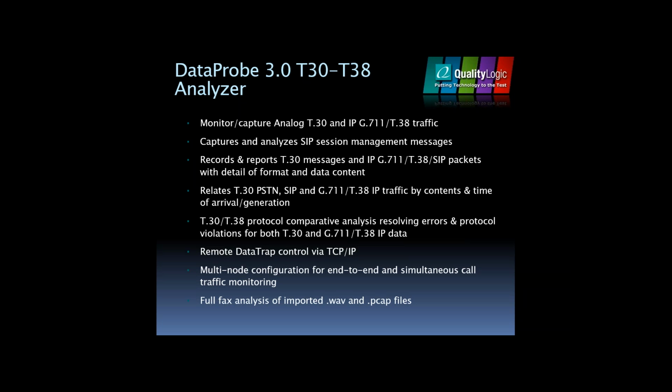To do this, we relate the IP traffic to the PSTN traffic with what I call a ladder diagram. Literally, there's a diagram that in one column says, okay, here were the T.30 messages from the originator, and the column next to that, here's the set of IP messages, be they G.711 or T.38, that came from that.